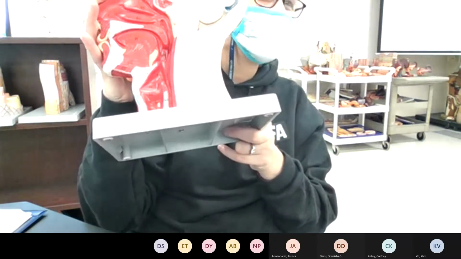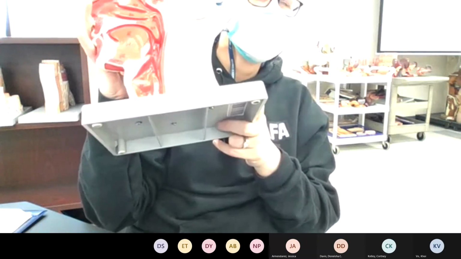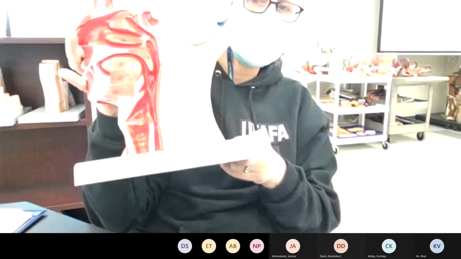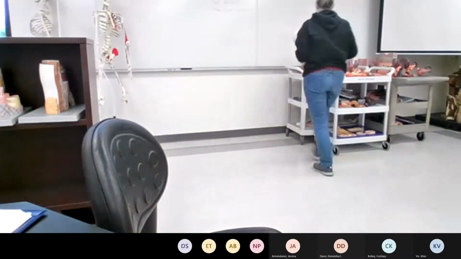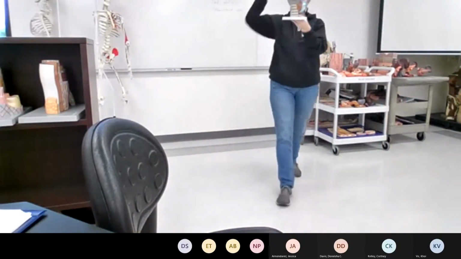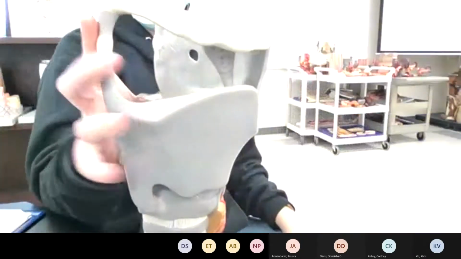Oropharynx, then the laryngopharynx. And then when the pharynx ends, what's the next part of the system? Not the thyroid. The H. This is the larynx.